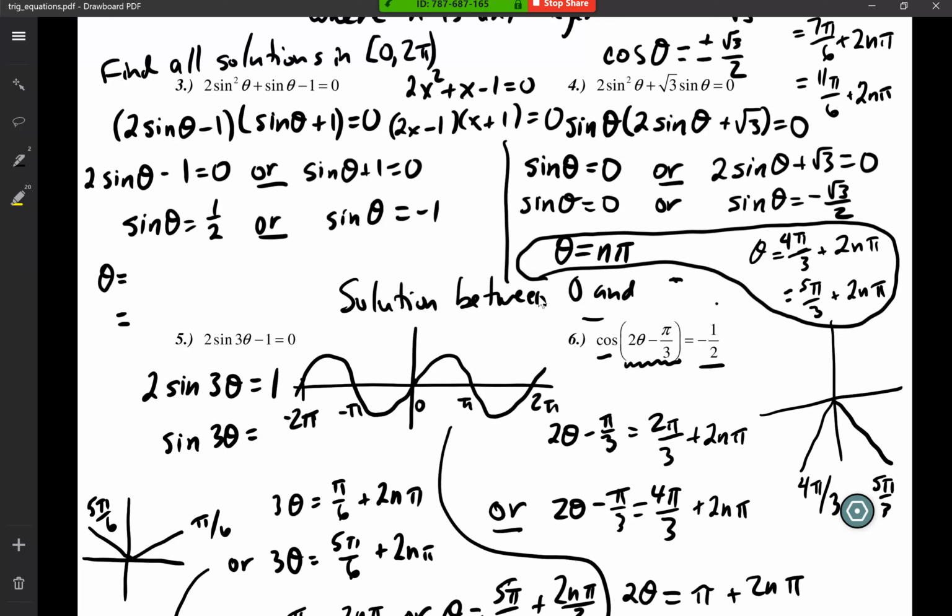Pi over... It's the other one. It's pi over 6, right? And then what's the one that's over in quadrant 2? I even have the pic. It's 5 pi over 6. Good. Cool. And then for each of those, we would add multiples of 2 pi.